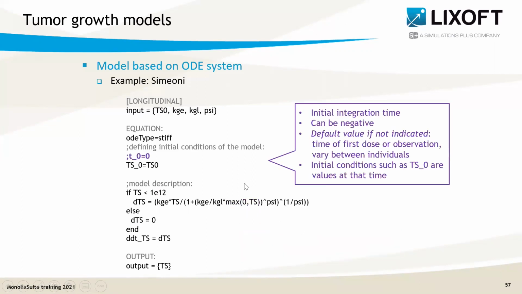Another thing to consider for ODE systems is the initial integration time that is implemented with T_0 in MLXtran. This initial integration time can be negative, it can be any number, and it is also optional. So if it is not included, then the time of the initial integration is actually the time of the first dose or observation, and it can vary between individuals.